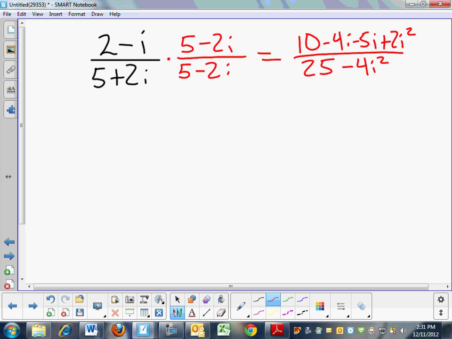Let's simplify the parts that we can. Looks like I'm going to have 10 minus 9i minus 2. When I square that I get a negative 1. And when you square 4i squared, you get a negative 4, so we'll end up with 25 plus 4, which is 29.